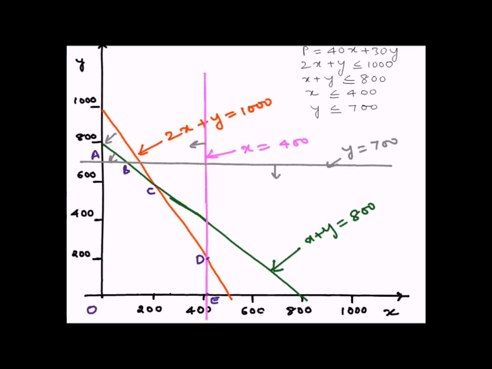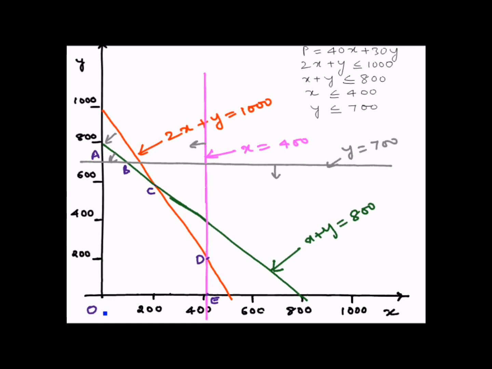So let us do the second method, that is, we'll find the coordinates of A, B, C, D, E, and O, and we'll use them to find out the coordinate which gives us the maximum profit.